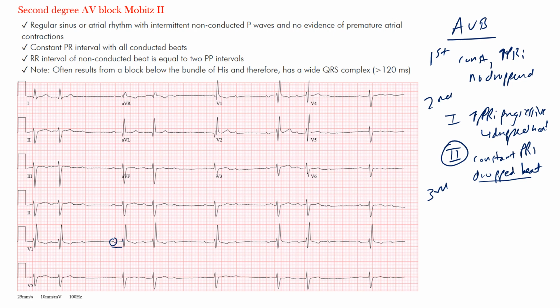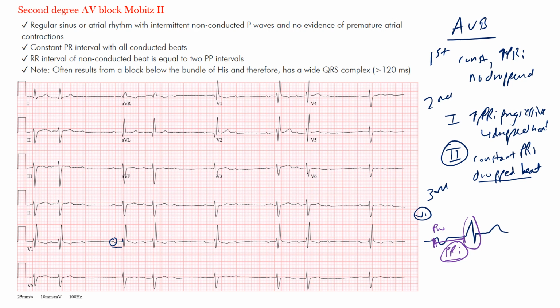Remember that if we have a biphasic P wave like that, here's our QRS complex, and we may see that in V1. These biphasic P waves are normal. Now here's your P wave. Your PR interval is from the beginning of the P wave to this portion, and we're saying that this is constant, there's no prolongation, and then there's a conducted QRS complex.